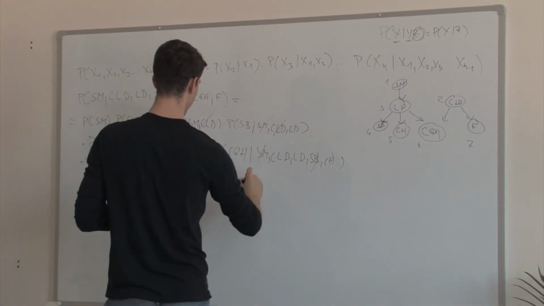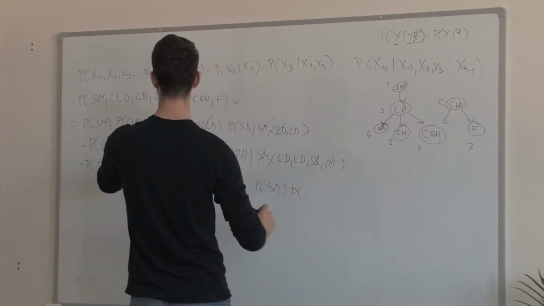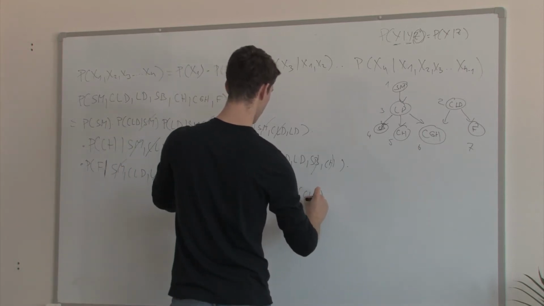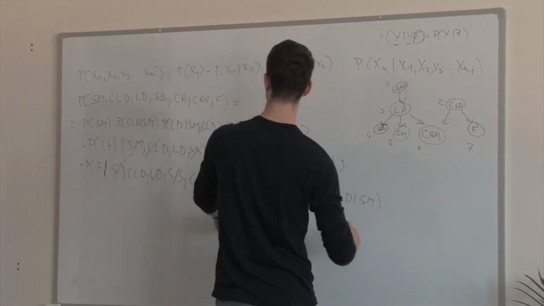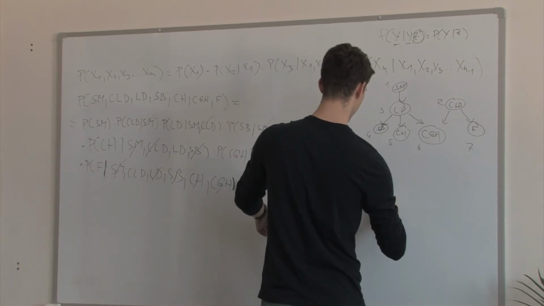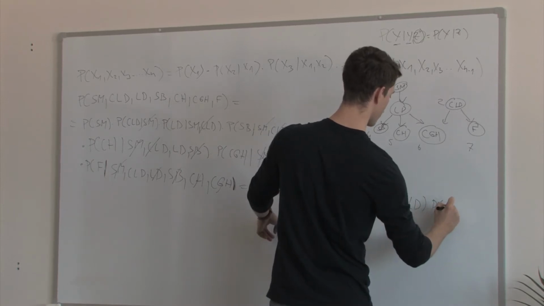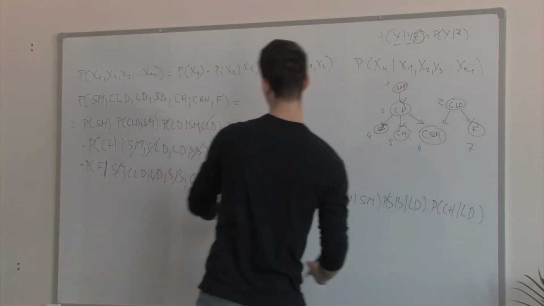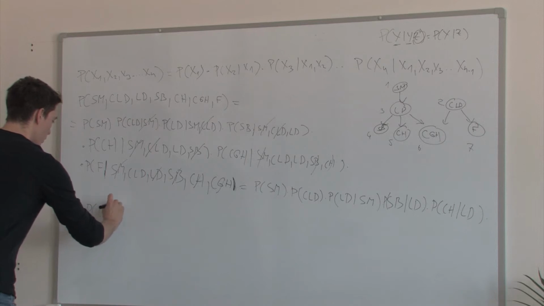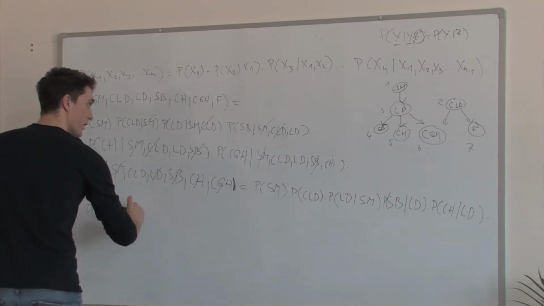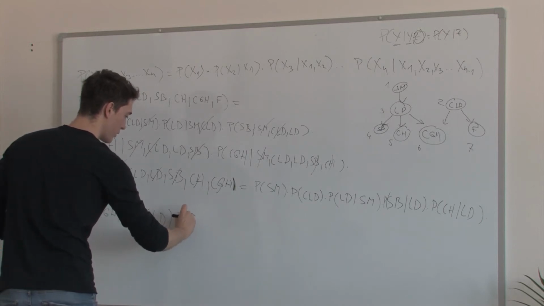So what it leaves us with is the probability of smoke times the probability of cold times probability of lung disease given smoke times probability of shortness of breath given lung disease times probability of chest pain given lung disease times probability of cough given lung disease and cold times probability of fever given cold.